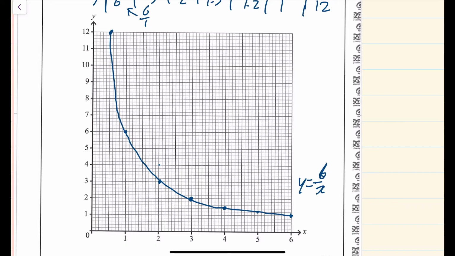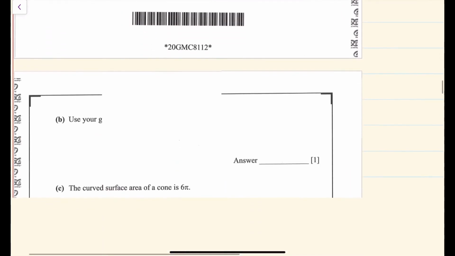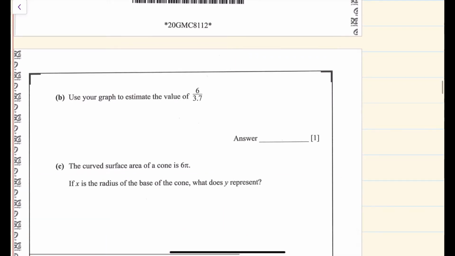And I would label it, just good practice. Whether you get a mark for labeling it or not, I don't know, but it's good practice to do so anyway. So that's 11a. 11b says, use your graph to estimate the value of 6 over 3.7. So that means your x is equal to 3.7, and we need to find what y is, basically.